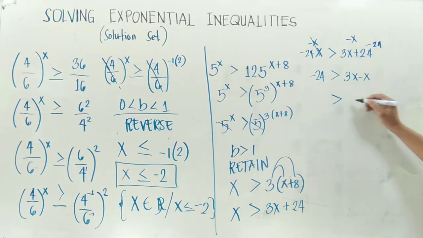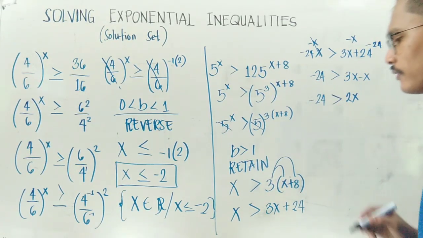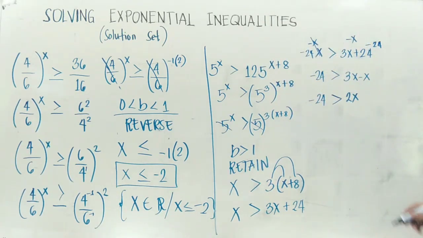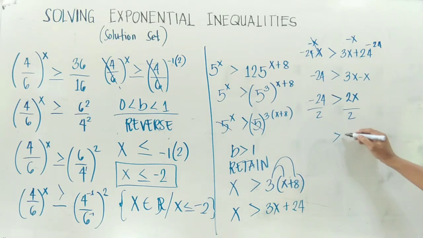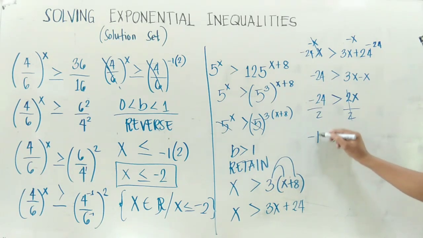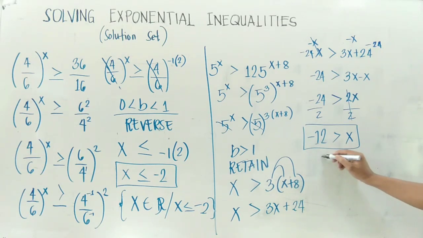Simplifying, we have 3x minus x is 2x. Then we have negative 24. Okay? Then dividing both sides by 2, we will get x, then negative 24 divided by 2 is negative 12. Or writing it the proper way, we have x, the opening points on x.